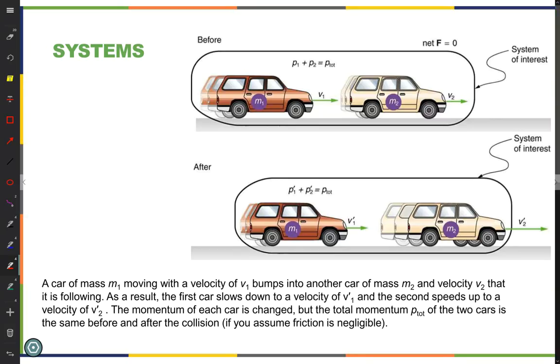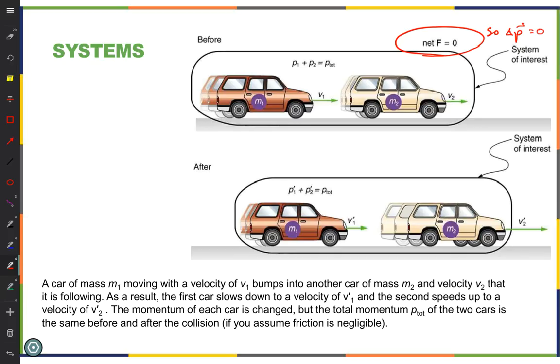So this here is an important thing for doing our collision problems. You want to identify your system so the net force in the system is 0. Why is it important to have the net force 0? If the net force is 0, then the change in momentum is 0.